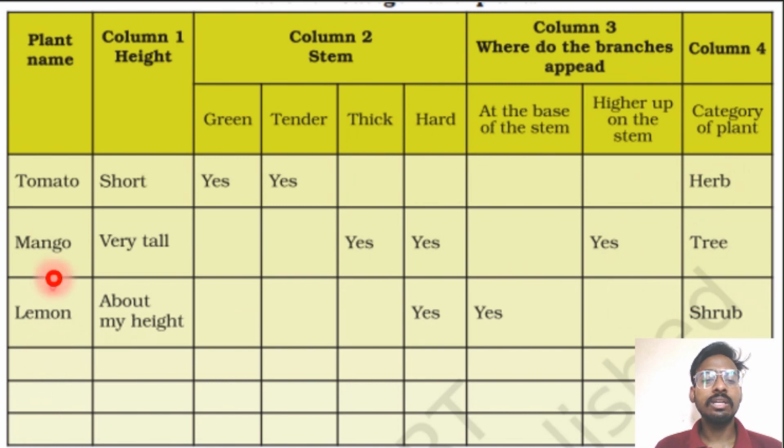First you have to check the plant name here, then mention their height relative to your body, and then fill in these observations: whether the stems are green, tender, or thick or hard. Then in the next column, whether the branches appear at the base of the stem or higher up on the stem. On the basis of these categories you can categorize them as herbs, trees, and shrubs.